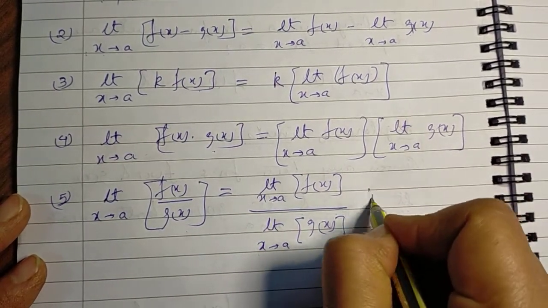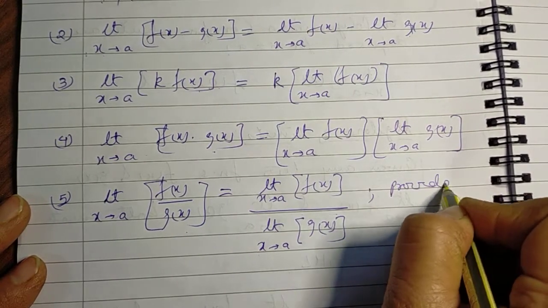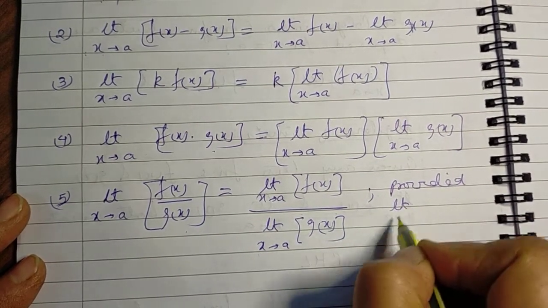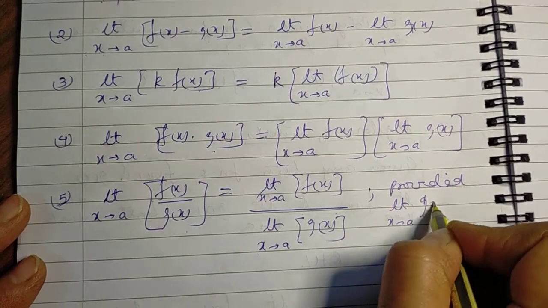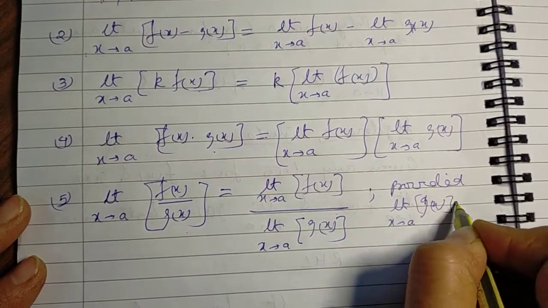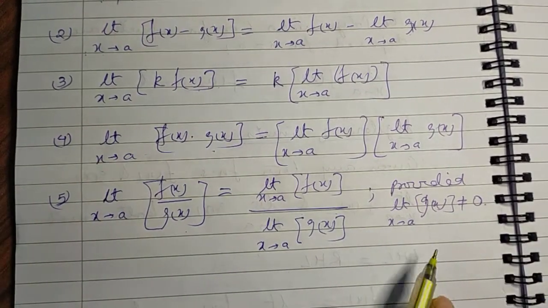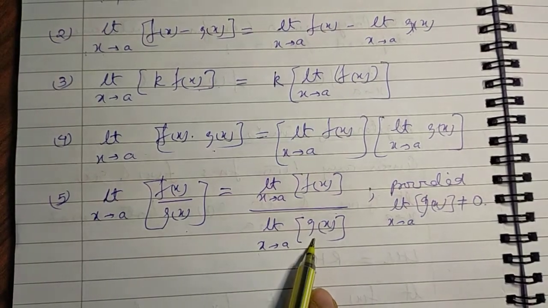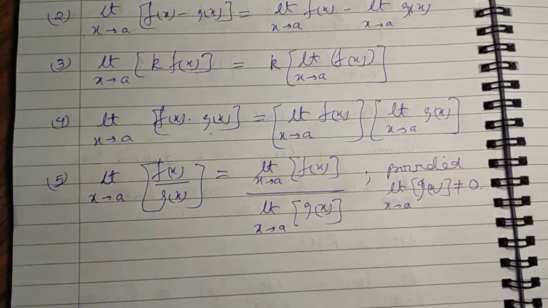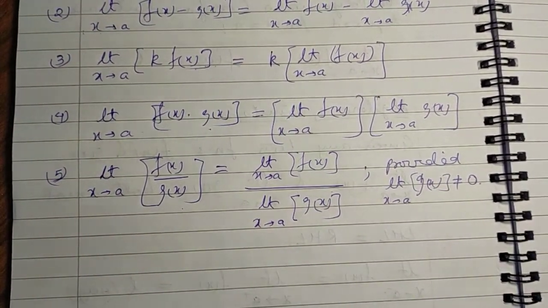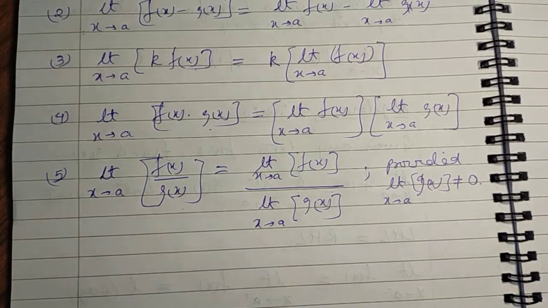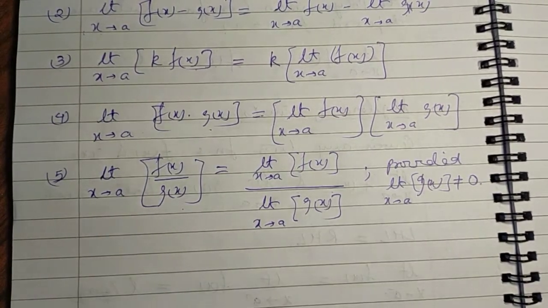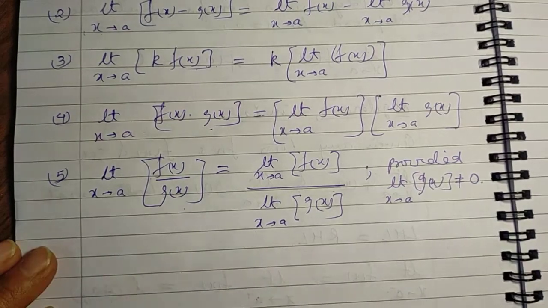So here we have to put a condition, provided limit x tending to a of g(x) is not equal to 0, because if the denominator becomes 0 then it is meaningless. So these are the basic properties, or algebra of limits.